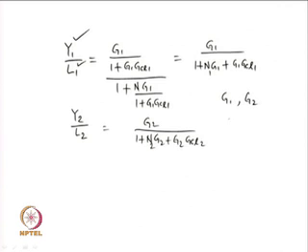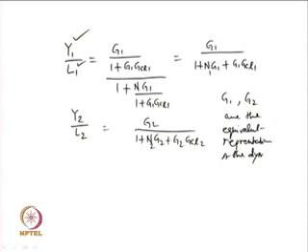G1 and G2 are the equivalent representation of the dynamics of the TITO system when it is assumed that the TITO system is decoupled.